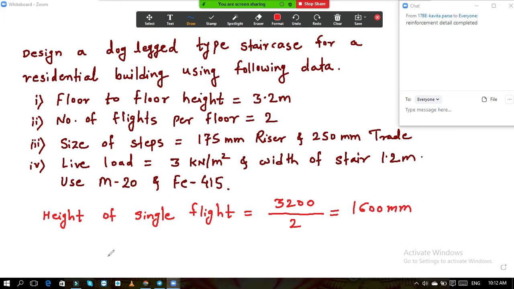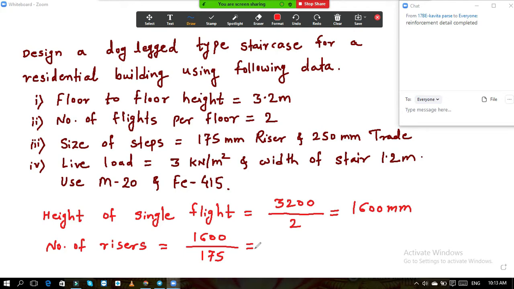So now we will calculate number of risers. We know the dimension already. The riser is 175 mm. Number of risers are 1600 divided by 175.